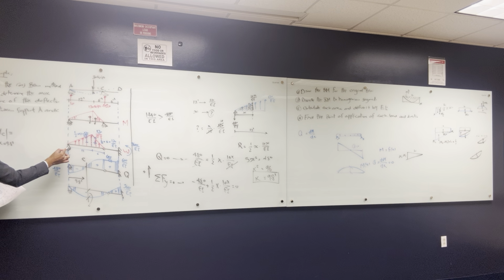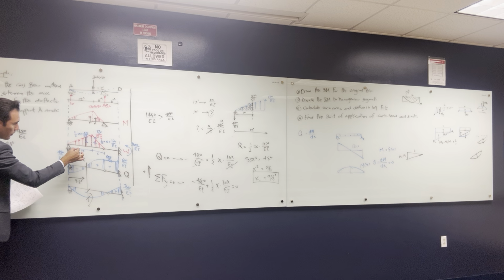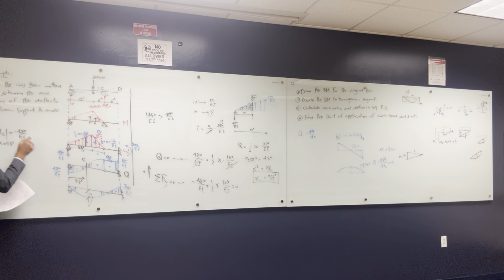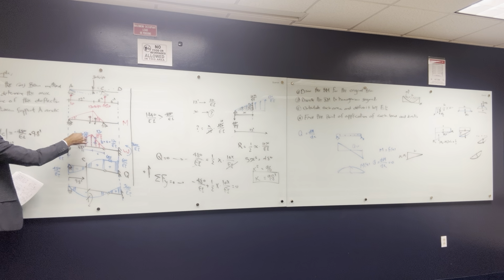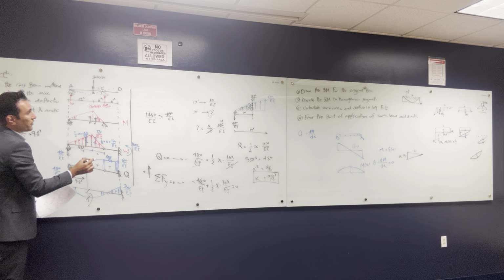The 480 is the reaction going down, so it's going to be 480 over EI multiplied by the distance, and this is negative because it's going down, multiplied by the distance, 9.8 feet. And the positive moment is coming from the load, which is the area of this triangle.